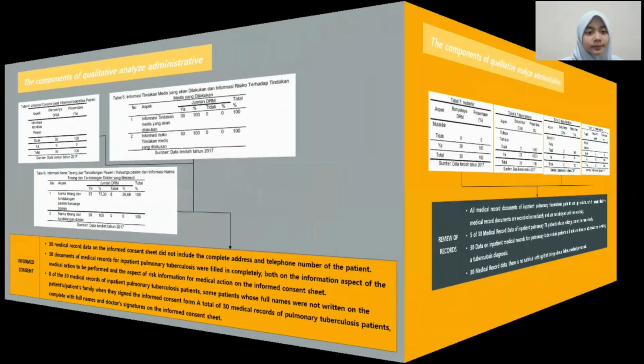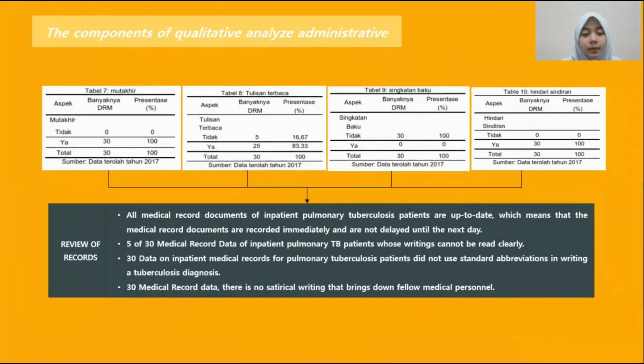5. About the review of record. All medical record documents of inpatient pulmonary tuberculosis patients are up to date. 5 of 30 medical record data of inpatient pulmonary TB patients had writing that could not be read clearly. 30 data on inpatient medical records for pulmonary tuberculosis patients didn't use standard abbreviations in writing a tuberculosis diagnosis.